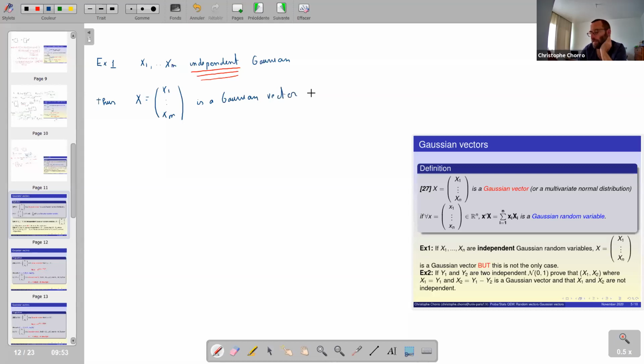So you can build a Gaussian vector if you start from Gaussian random variables, but they have to be independent. If I take x prime x here, it's a linear combination of the xi.